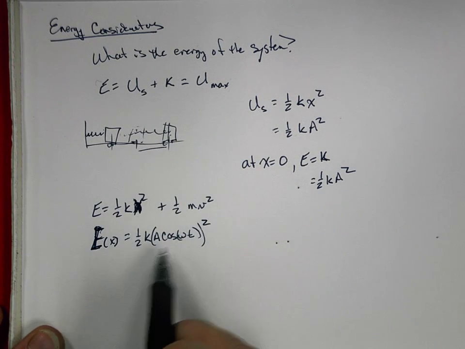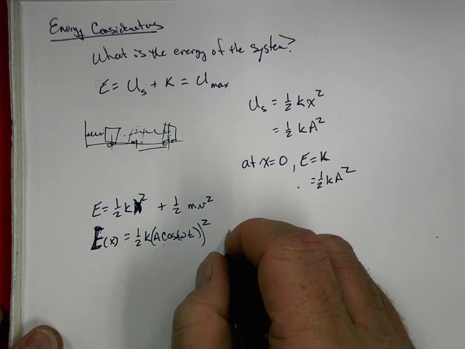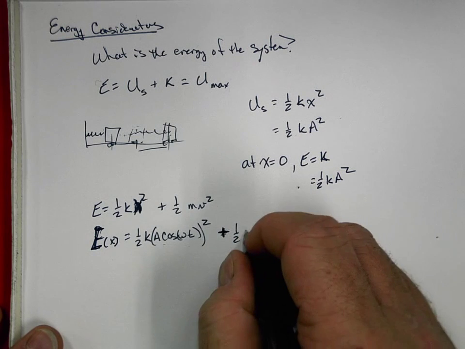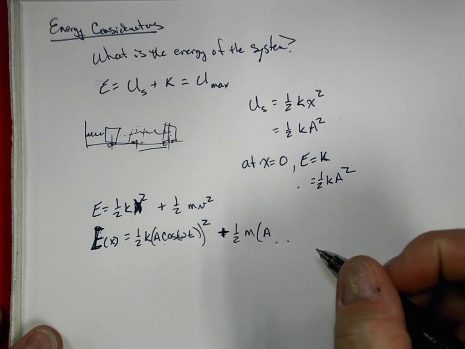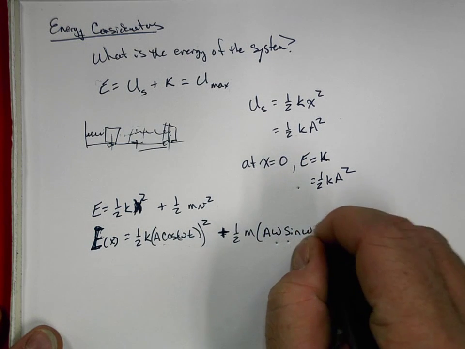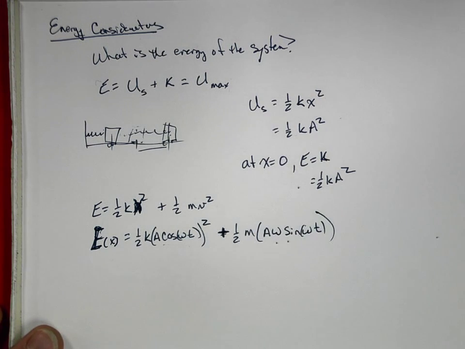If this is our position, x equals A cosine omega t, and our velocity gives us the derivative.